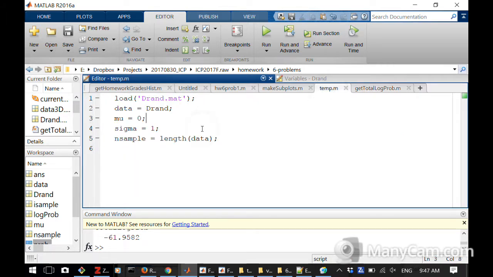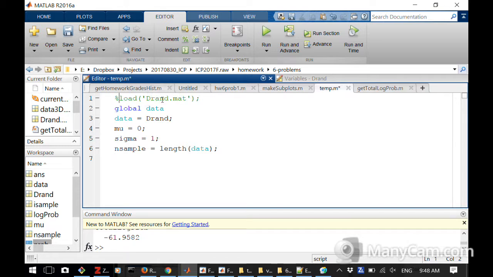You should note that when you want to define a global variable, you have to define it before you use it for the first time. So you define the data variable as global, and then you put some values in it. Now I can call it.